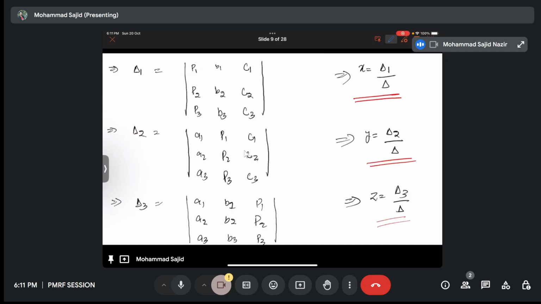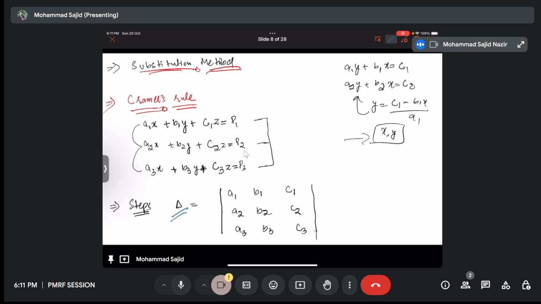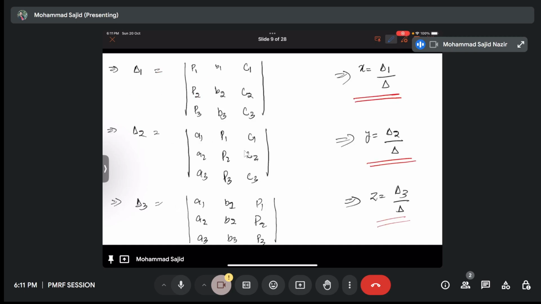Then you find delta 1, delta 2, delta 3. Delta 1 is found by replacing the first column by the right hand side constants, and similarly delta 2 by replacing the second column, and delta 3 by replacing the third column.